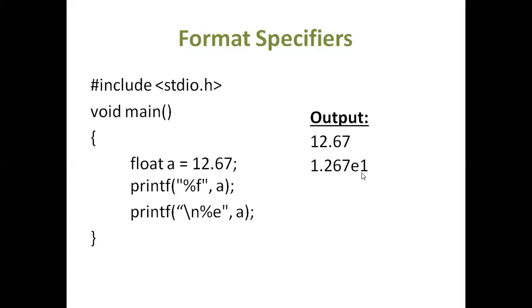This means that we have to multiply it by 10 once to get the original value. So you can use any one to print the value of the floating point. However, %f is more commonly used.